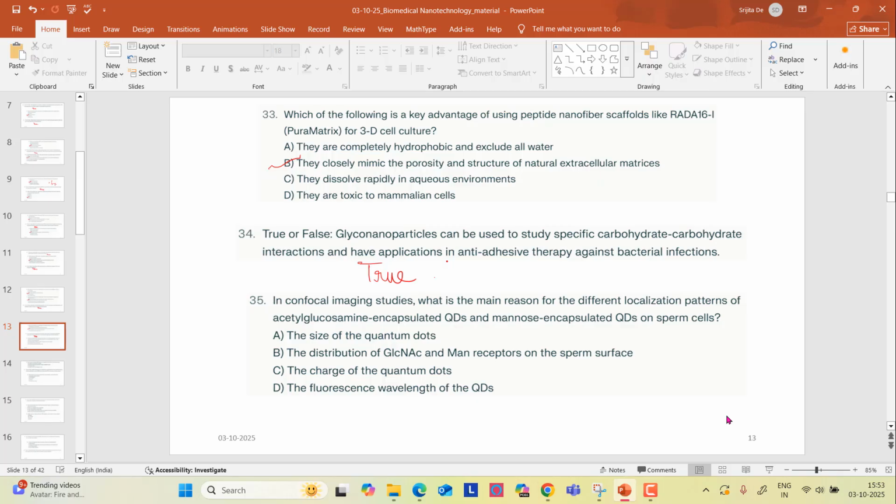In confocal imaging studies, what is the main reason for the different localization patterns of acetylglucosamine encapsulated quantum dots and mannose encapsulated quantum dots on sperm cells?